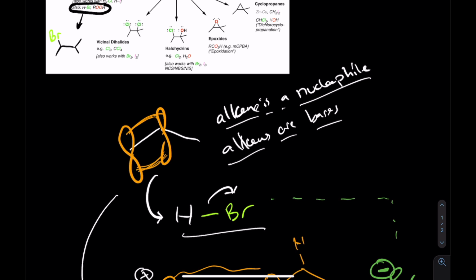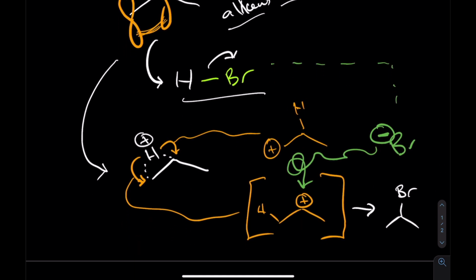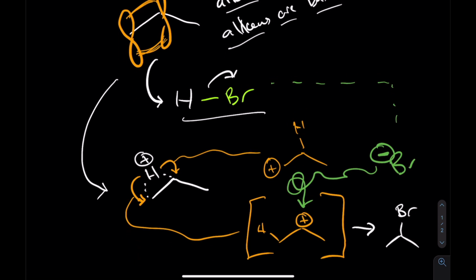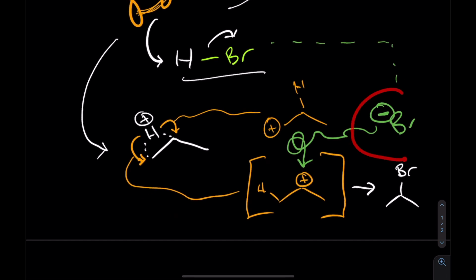And so that's exactly what happened. You have used an alkene essentially as a base. That base deprotonated an acid. The acid created a conjugate base. That conjugate base then added to the now created carbocation. And that is essentially the final product.